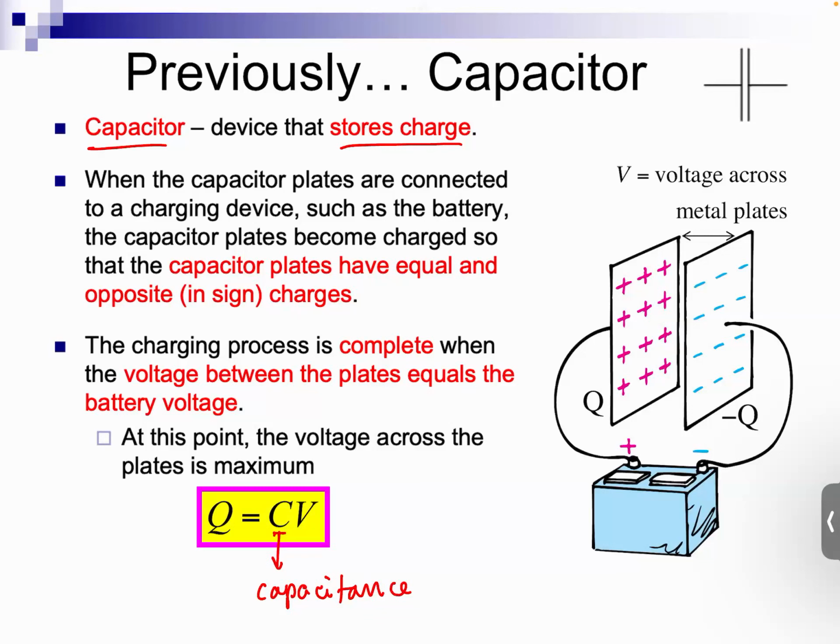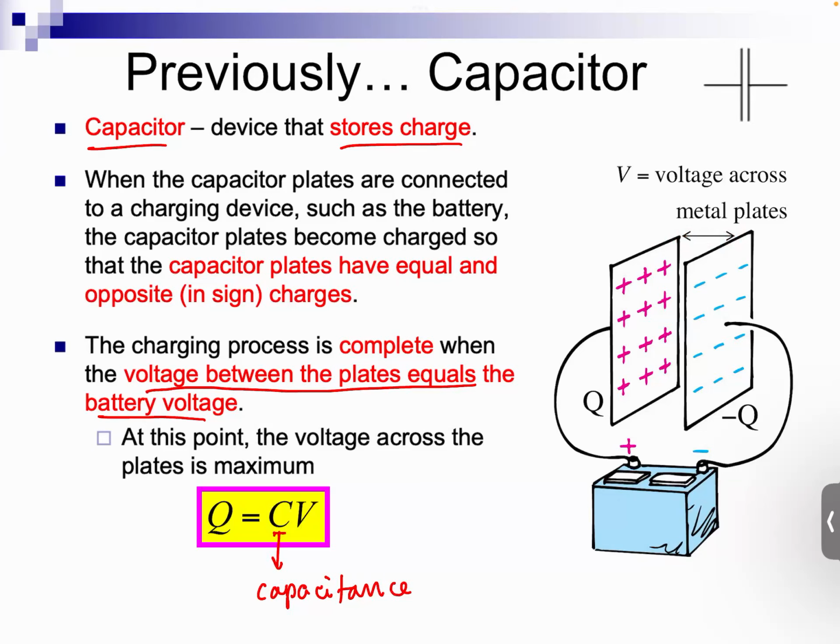Right, and the key thing about the capacitor, right? If you connect it to the battery, it starts to charge up. And we said that the capacitor is fully charged if the voltage between the plates is equal to the battery voltage, okay? And therefore the maximum voltage you can have across the plates will be equal to the voltage of the battery or the source.